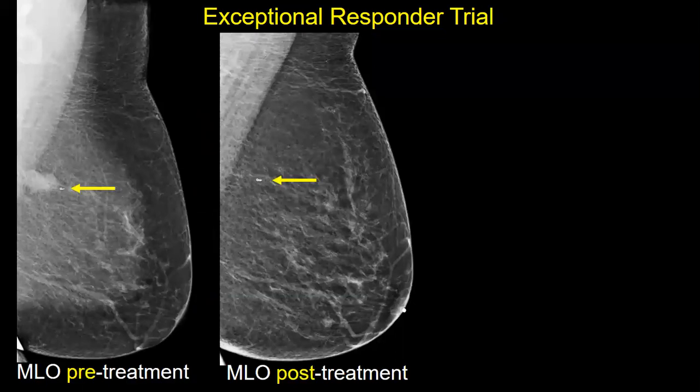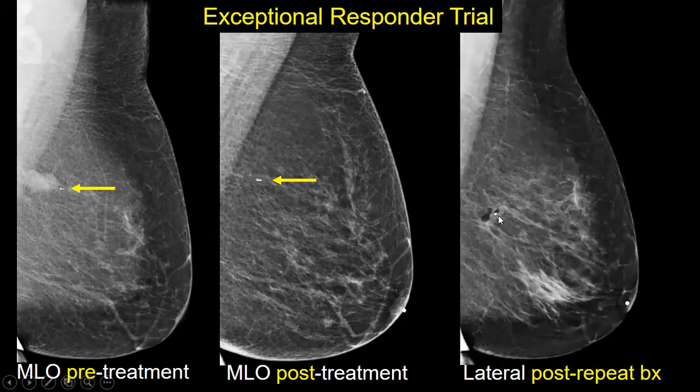There was the clip. Just to show you the mammograms again, this is the clip that was marking the initial cancer, and the mass largely resolved after neoadjuvant therapy. And remember, we then went ahead and did stereotactic biopsy, removing this clip, making sure that this region doesn't have residual disease. And we placed a different shape clip after that stereotactic biopsy.